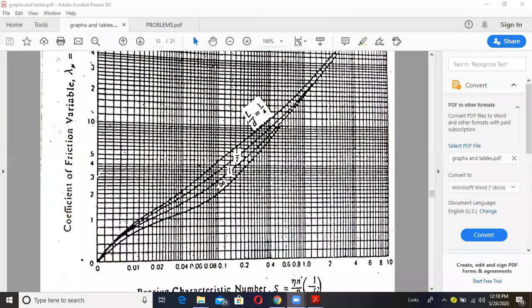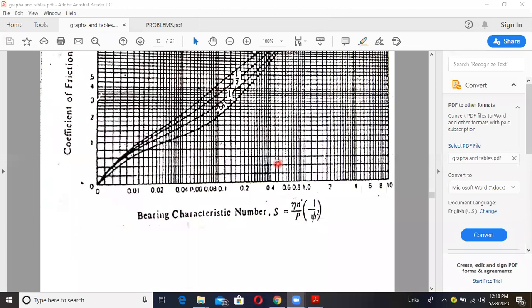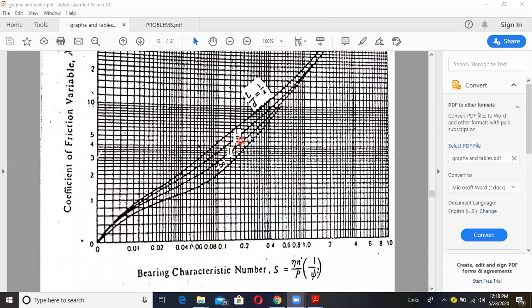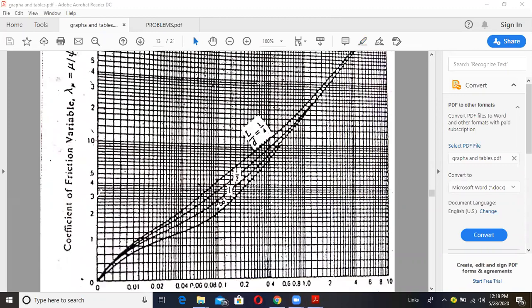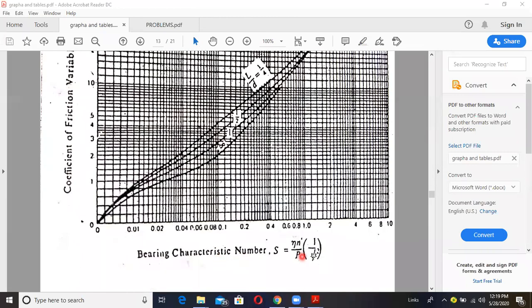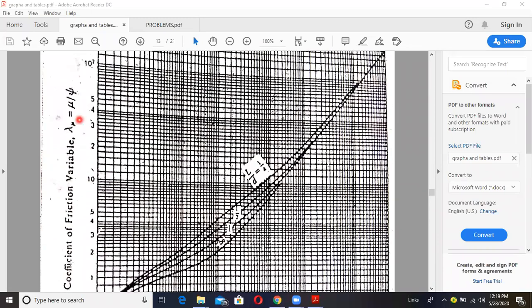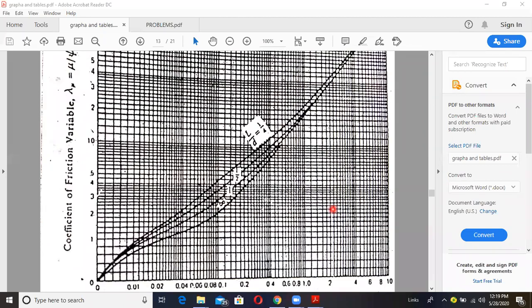If you see this figure, this is used to calculate the coefficient of friction mu based upon the Raimondi and Boyd curve. In the x-axis we have the bearing characteristic number S equal to eta n dash by P into 1 divided by xi square, and on the y-axis we have the coefficient of friction variable, mu divided by xi, and a number of curves.